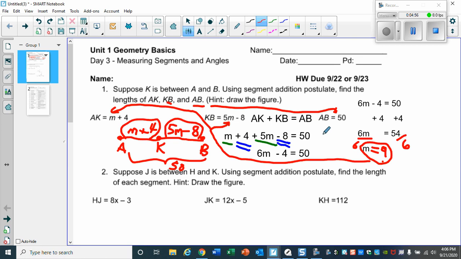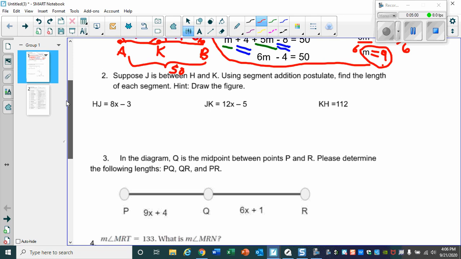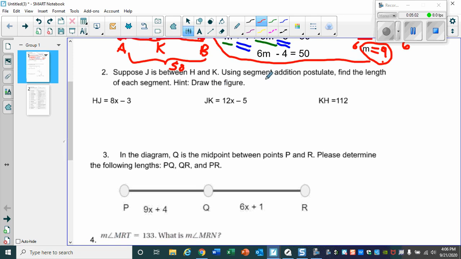Okay, problem number 2. Suppose J is between H and K. Using the segment addition postulate, find the length of each segment.